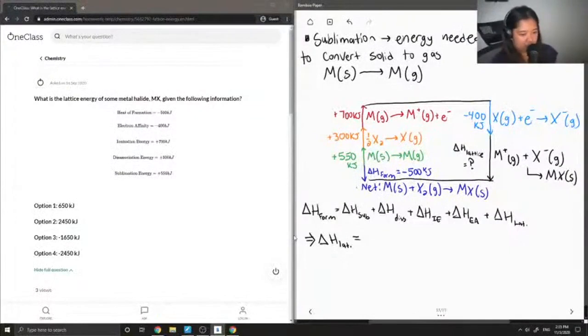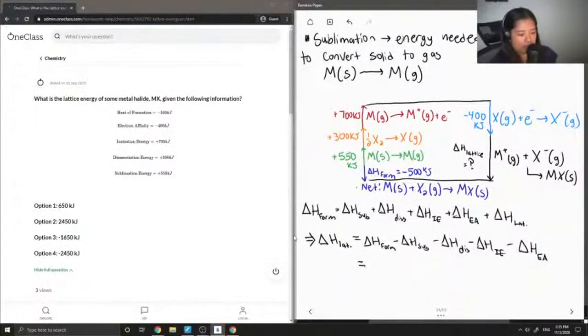So I'm just going to move all of these values to the left, so they all just become negative. Okay, so now I'm going to plug in all these values.